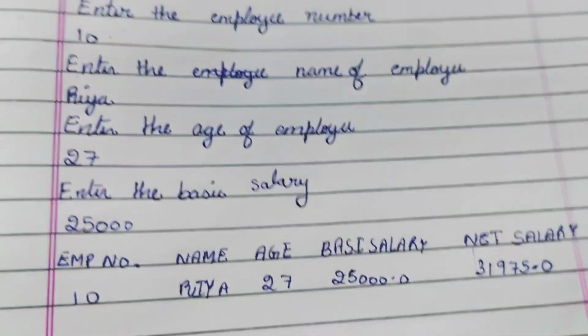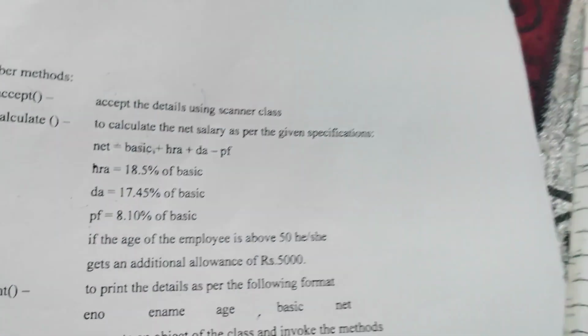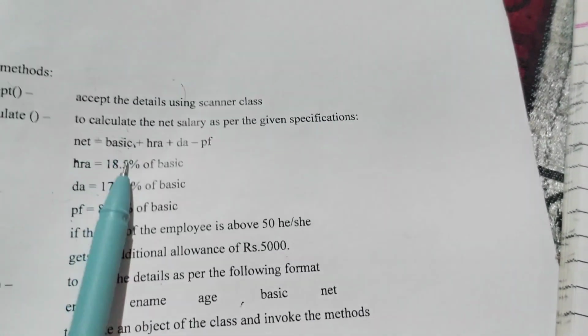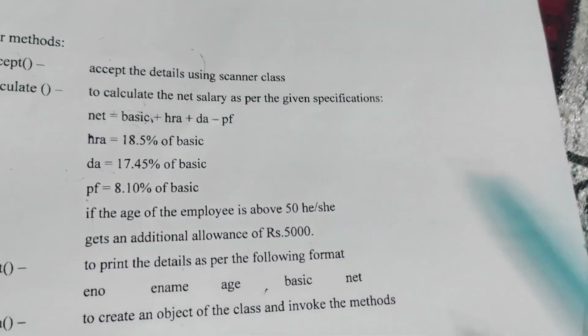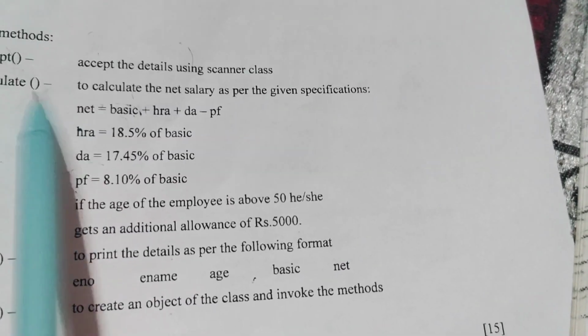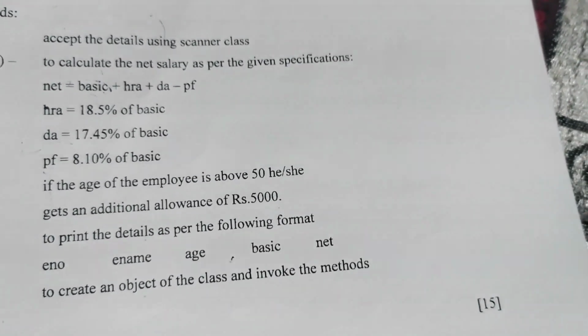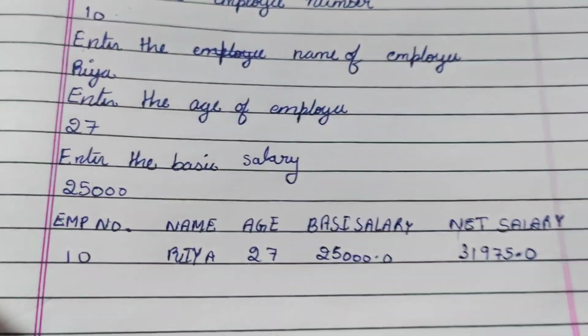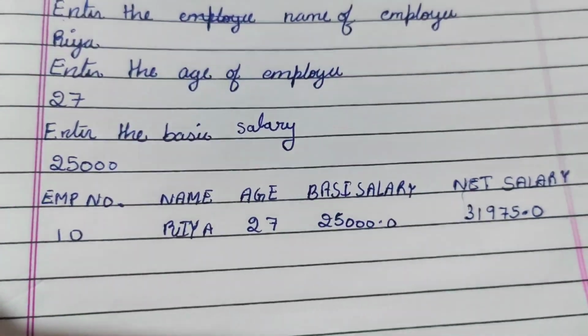Students, I have seen many students calculating the basic salary by dividing it to get the HRA, then calculating the net salary. This takes a lot of time, so do not waste time. Write the accurate answer, like 31975.0.